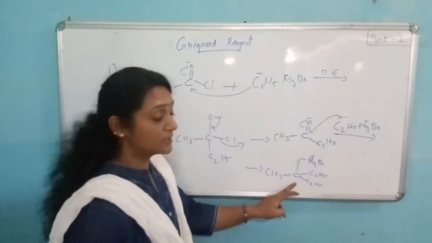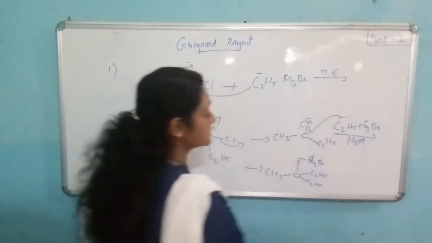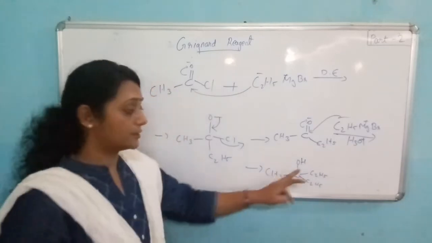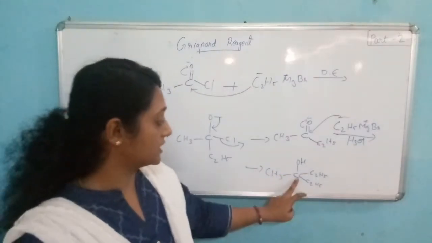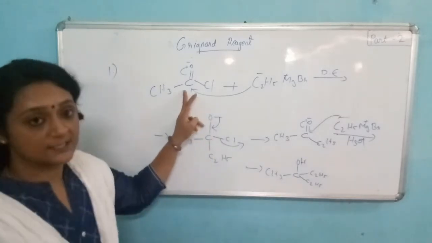And this is the intermediate. And on hydrolysis, H3O plus, H plus is added on to the O minus, and thus we get a tertiary alcohol from acid chloride.